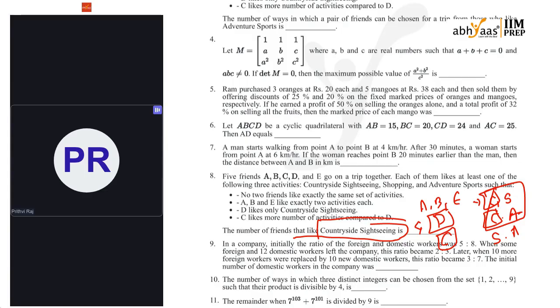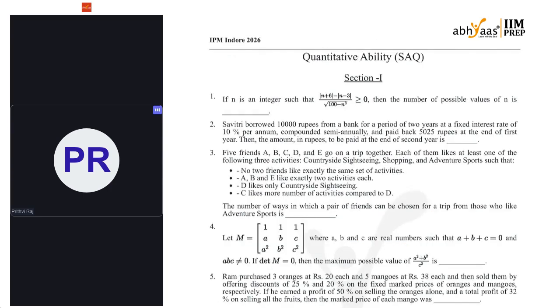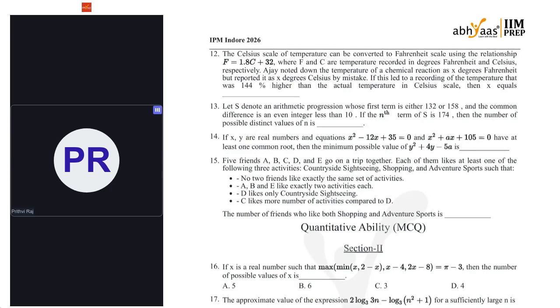Okay. Next question from this paragraph is the 15th one. So what is this 15th one? Number of friends who like both shopping and adventure sports. So again, whatever analysis we have done till now, that's what we have to use here.